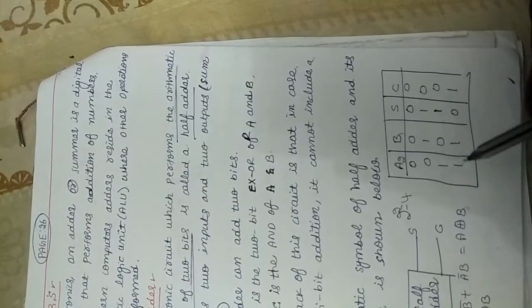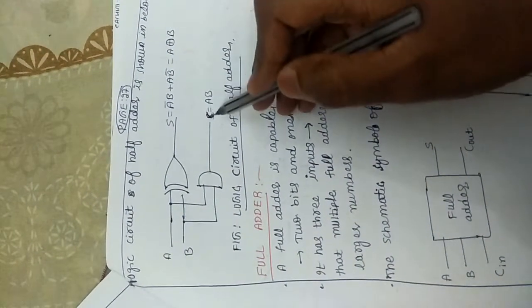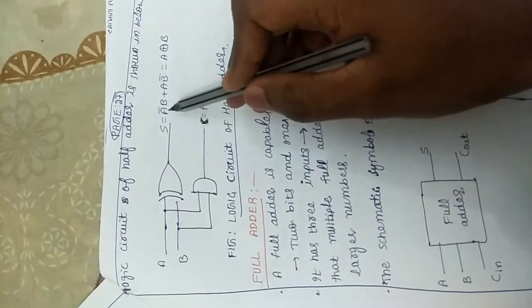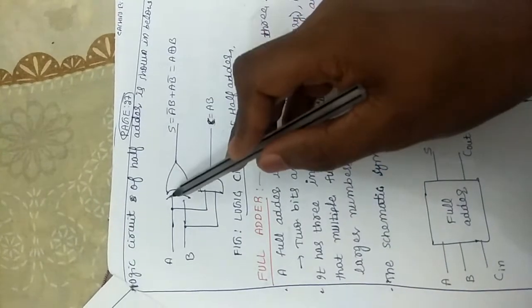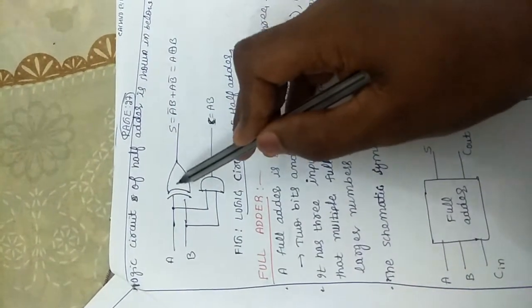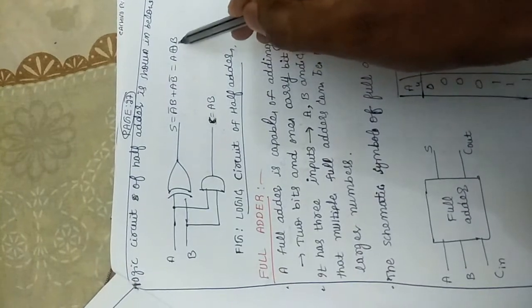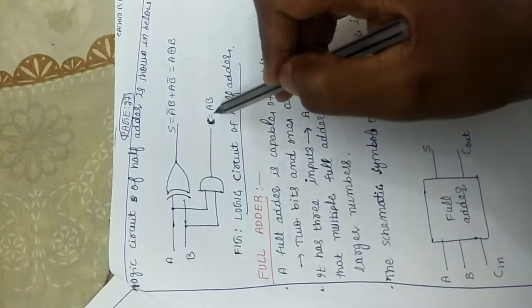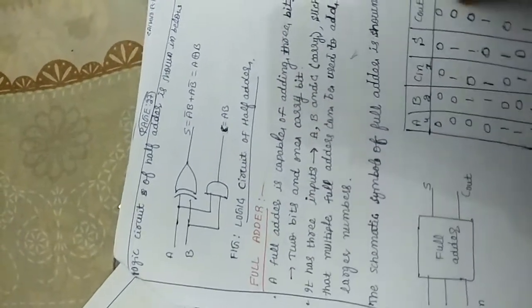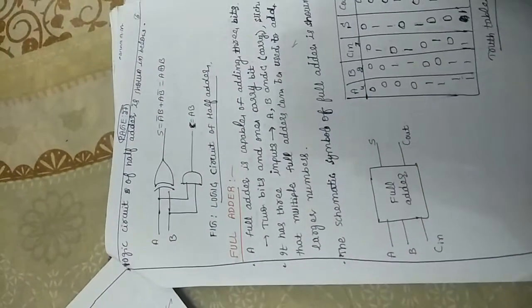When the carry is 1 in the truth table, the carry is 1 when both inputs A and B are 1, that is AB. Therefore A bar B plus A B bar means you have to use an XOR gate. Therefore I have used here an XOR gate, that is nothing but A XOR with B. This is an AND gate, A into B, carry is equal to A into B. So this is the logic circuit diagram of the half adder.